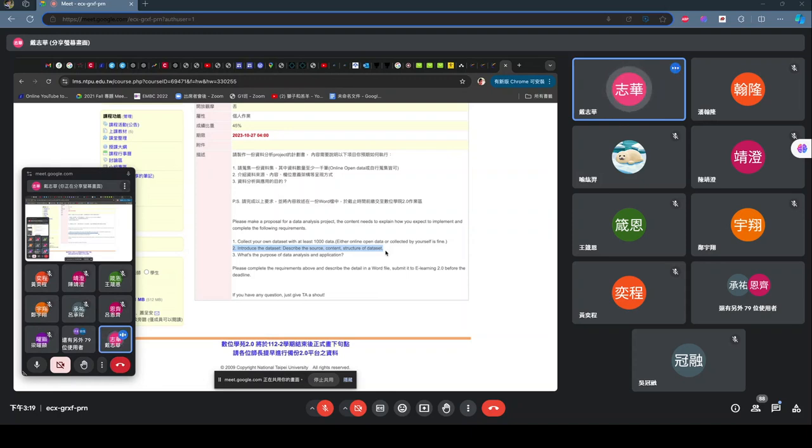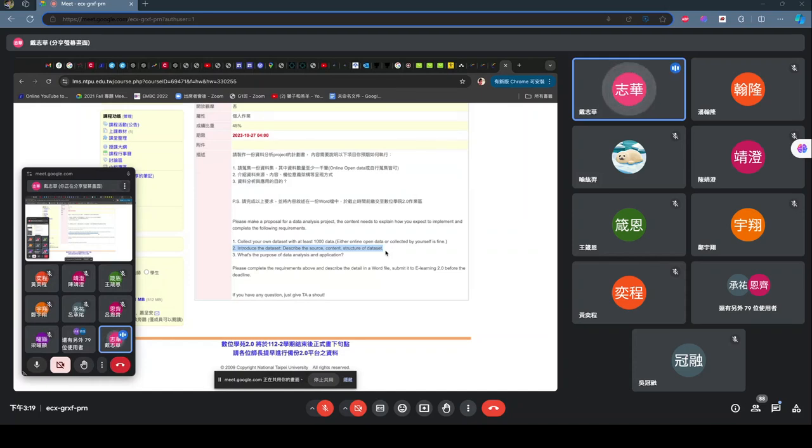Then you could know your data set, the characteristics of your data set. And then the next step is, for such a data set, what do you want to do? What kind of analysis do you want to do? Is it clustering, classification, or pattern mining?